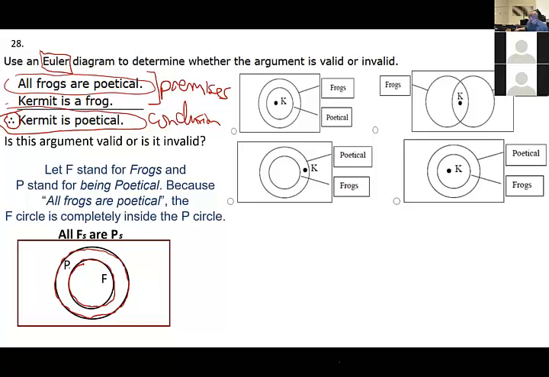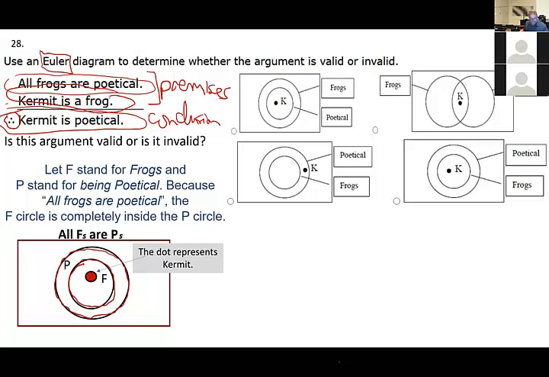So now look at Kermit. Kermit's a frog, so I put a dot for Kermit. If Kermit's a frog, Kermit has to be inside of the frog circle, right? If Kermit were a dog, the dot could be somewhere else. But if Kermit really is a frog, which is our second premise, then Kermit, represented by that red dot, has to be inside the frog circle.